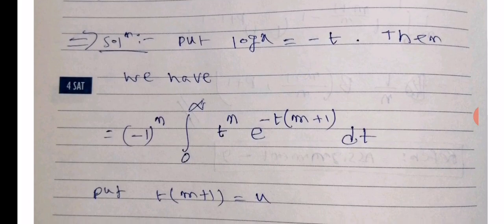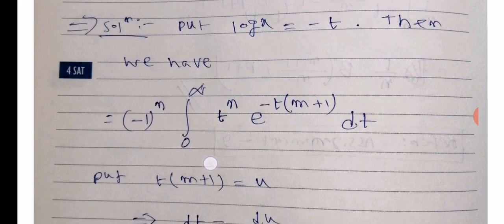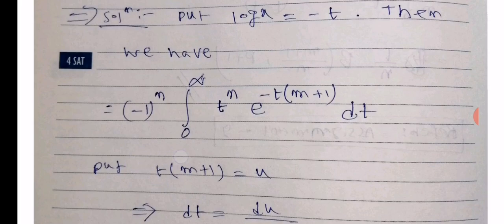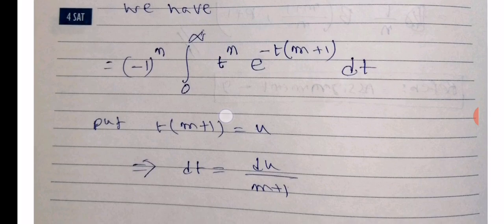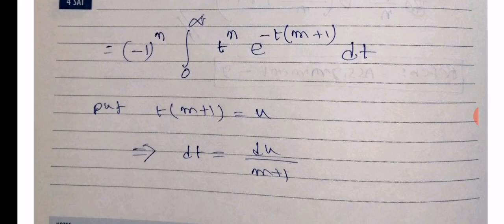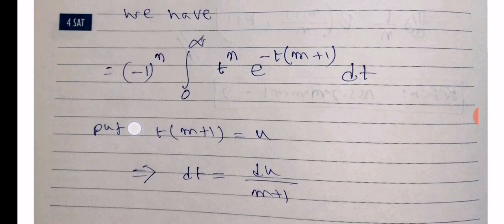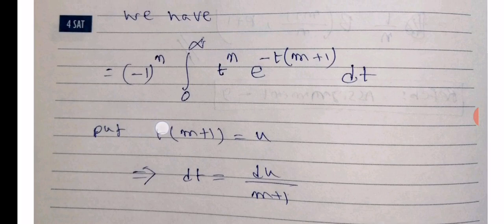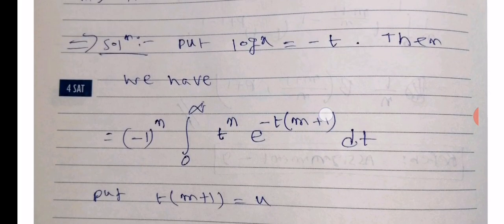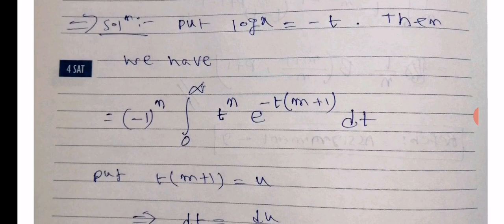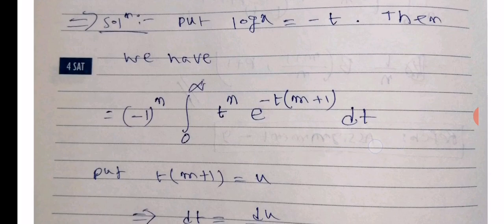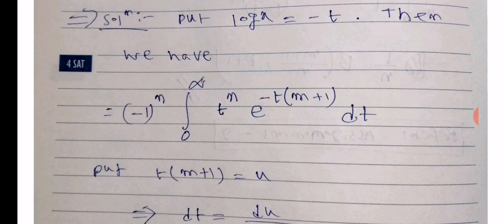So the limits infinity to 0 with a minus sign, you can interchange to 0 to infinity with positive sign in front. So (minus 1) to the power n integration 0 to infinity t to the power n e to the power minus t(m plus 1) dt. So you will get it finally.